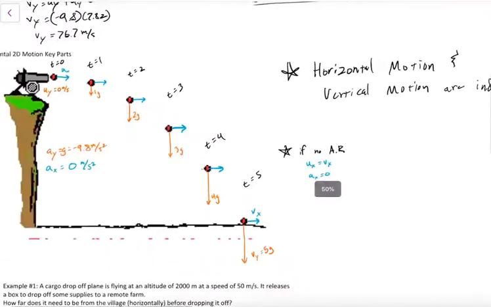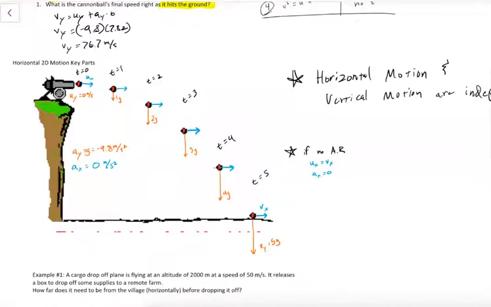Meaning that nothing that an object feels in a vertical motion affects what happens horizontally. The only thing that could affect both at the same time would be air resistance, but the vertical variables of velocity and acceleration won't affect the horizontal variables of velocity, acceleration, and so forth.